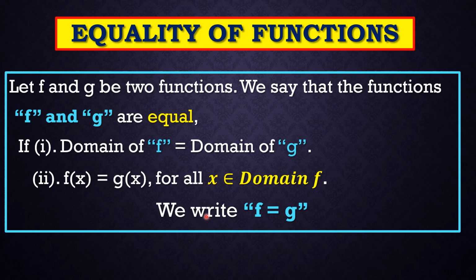Here not only two, we can take more than two, 3, 4, 5, 6, and so on. So in equality of functions, domains are equal and images are also equal. Therefore these types of functions are called equal functions. This is the explanation for equality of functions.